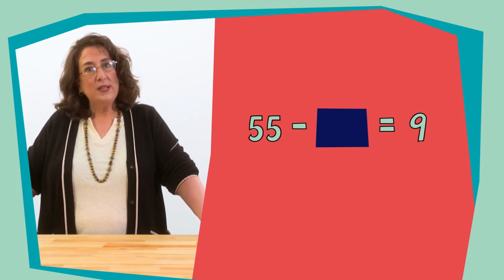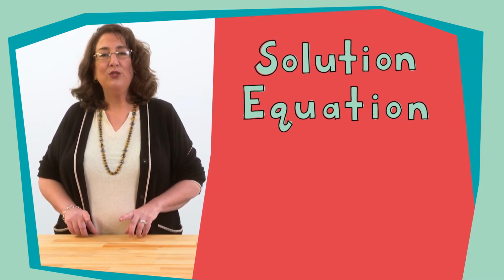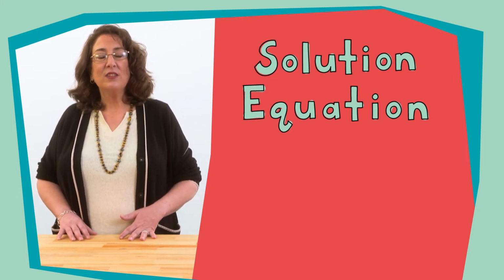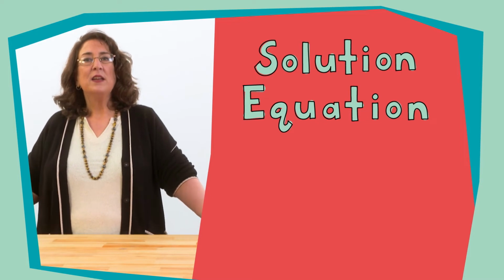Okay, so now that we have the equation, what's next? Whisper to me what mathematicians do now. Oh, it sounds like you want to rewrite the equation into a solution equation, one that will lead us to the answer. Good idea.